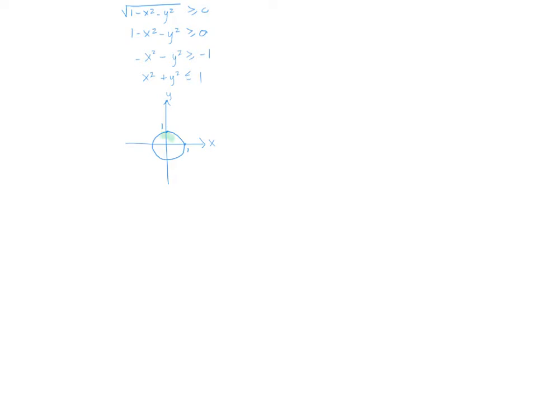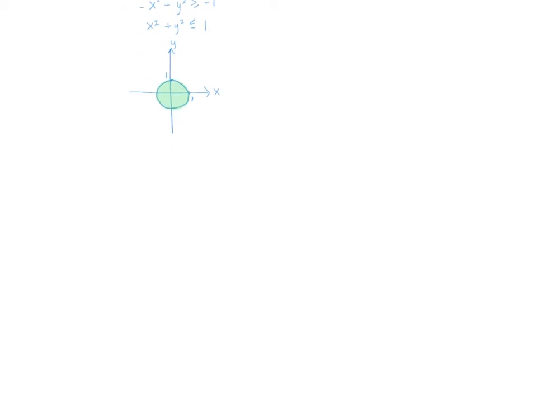The domain is the circle and everything inside, because it's all x and y less than or equal to 1. So that would be my domain, which is the set of all points x and y such that x squared plus y squared is less than or equal to 1.